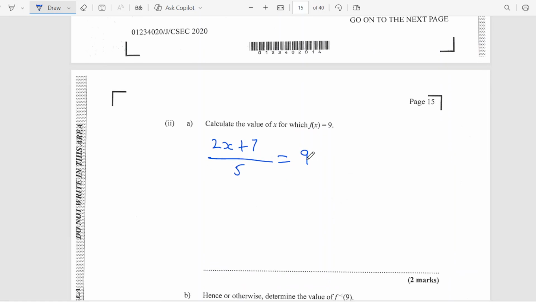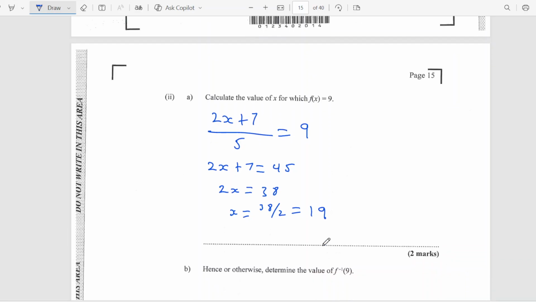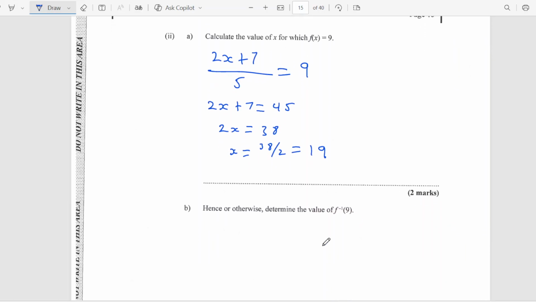Bring this 5 across and multiply. 2x plus 7 is equal to 9 5s are 45. So 2x is equal to 45 take away 7, which is 38. So x is equal to 38 divided by 2, which is 19. So x is equal to 19.